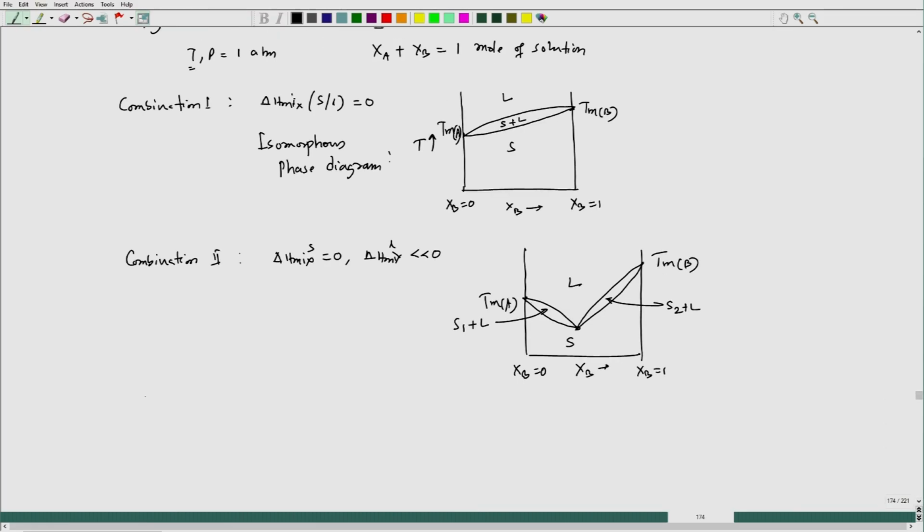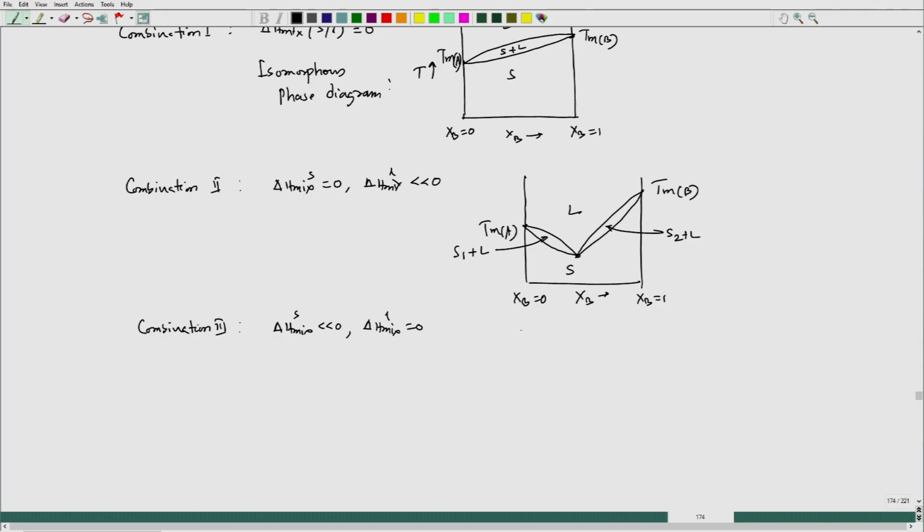Now, combination 3, we got this, and that time we got a phase diagram like this.